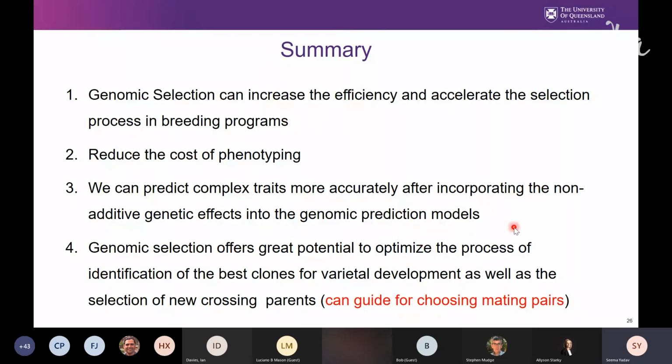Most importantly, genomic selection has potential. We will not only select new crossing parents, but we can also identify the best clones for varietal development. This will guide us in choosing the mating pair in the next breeding cycle. This is my new objective I'm currently working on, and I hope we will show our results soon.